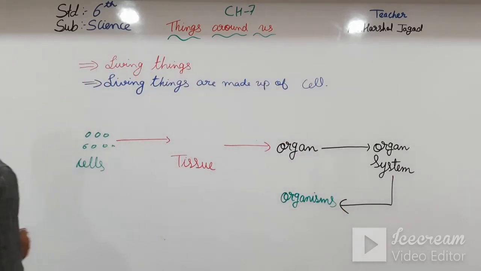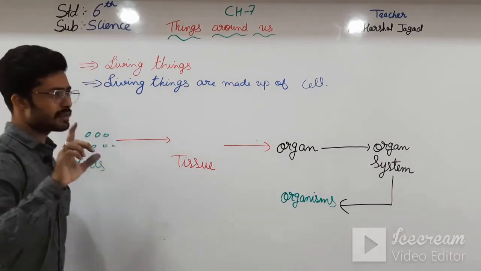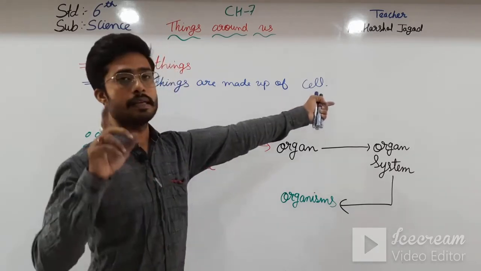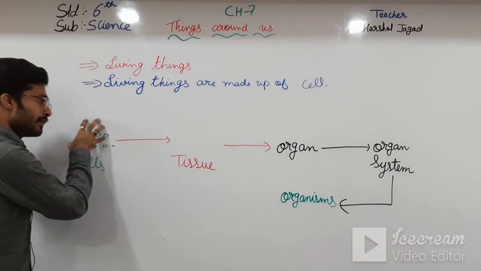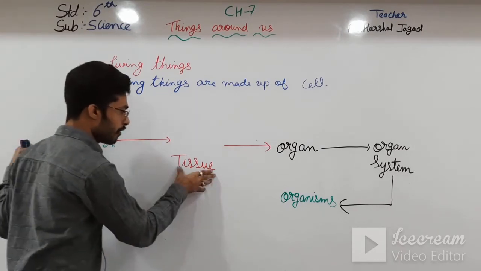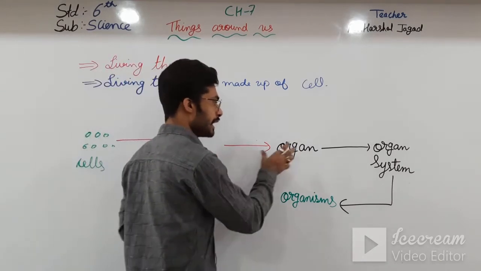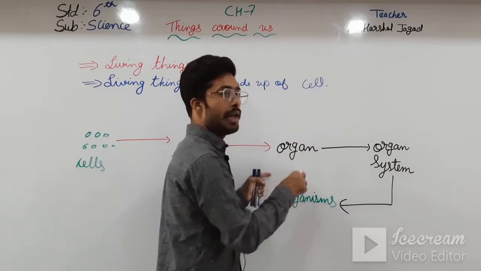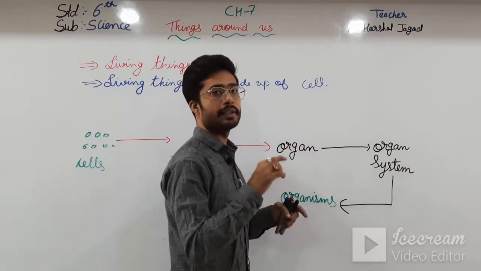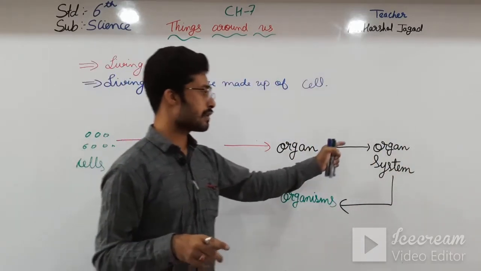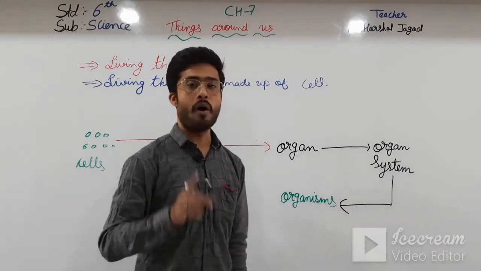So how is the organism formed? First, the smallest structural and functional unit is the cell, and many cells combine and form a tissue, many tissues combine and form an organ, many organs combine and form an organ system, and the organ systems combine together to form an organism.